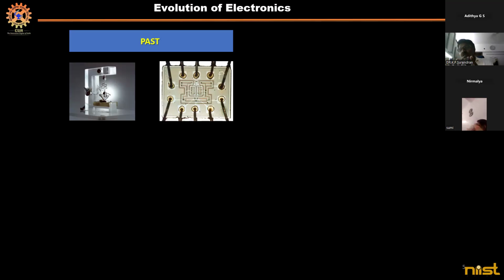That means you can control the electronic signals passing through that piece of semiconductor. So they gave birth to the first transistor, and Bell Labs made a wonderful announcement in 1948 that they made the first transistor.